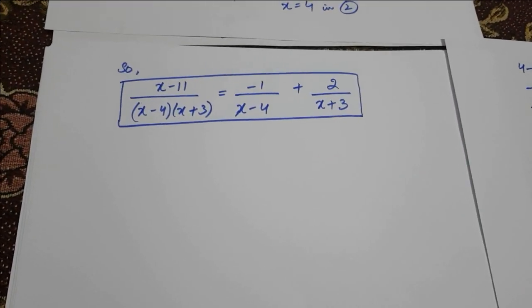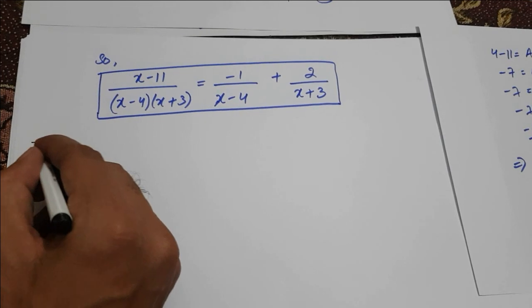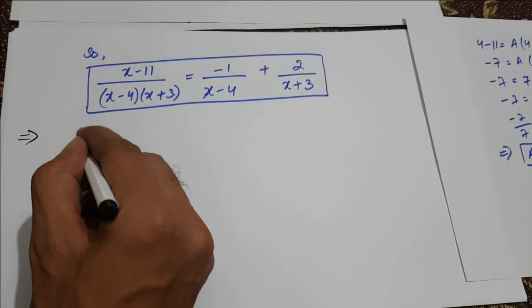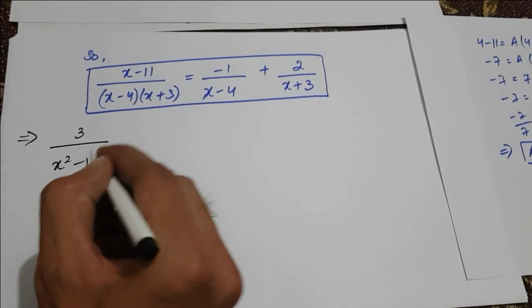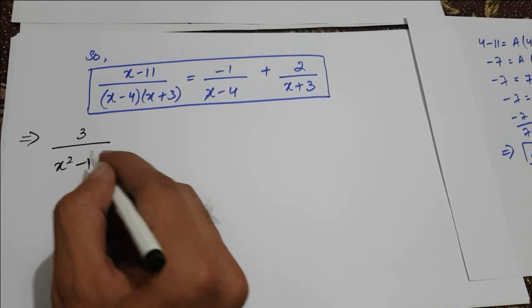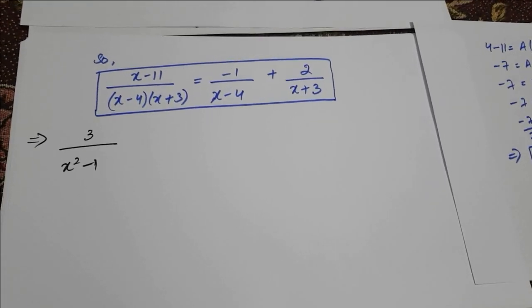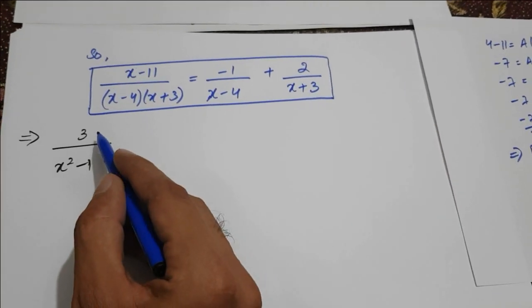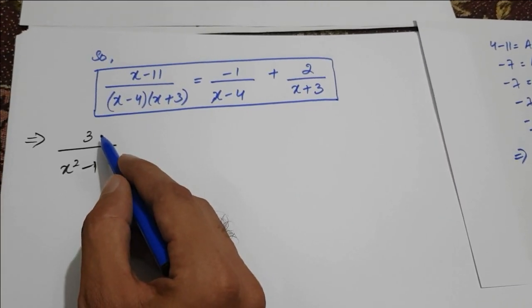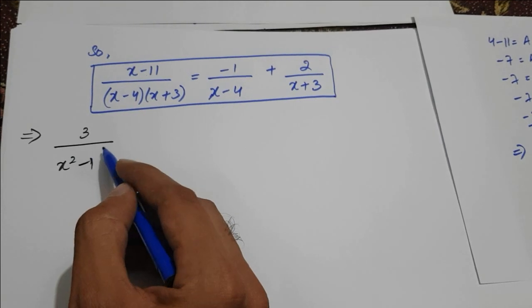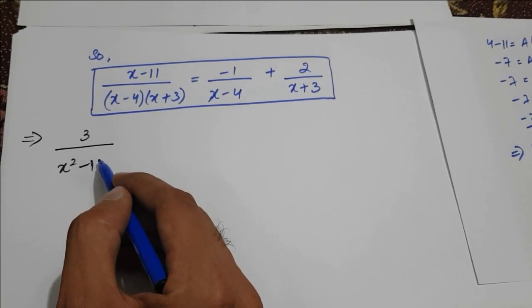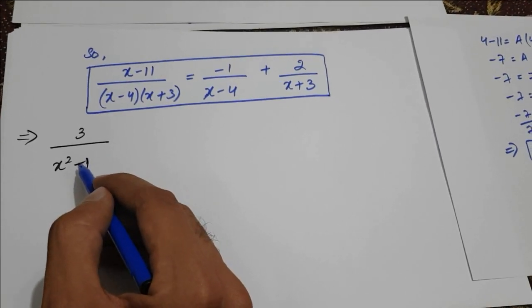Now we take another example, that is 3 over x squared minus 1. Here we have a proper fraction again, but the denominator consists of a quadratic factor.